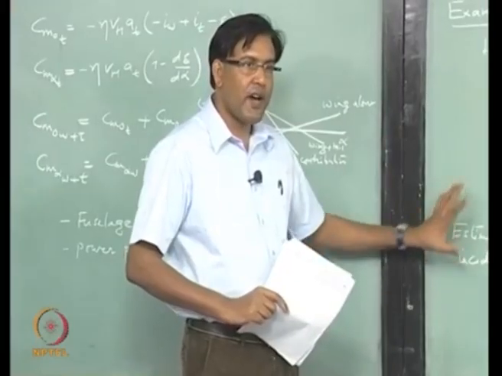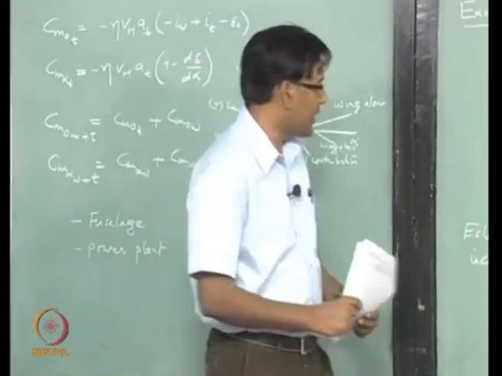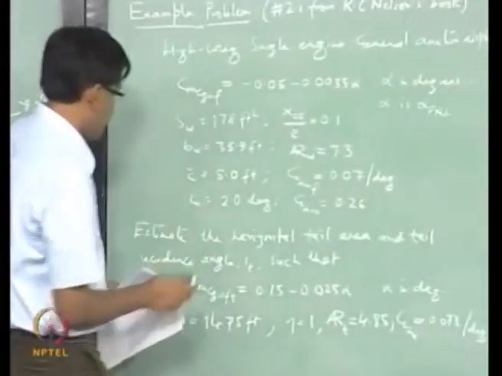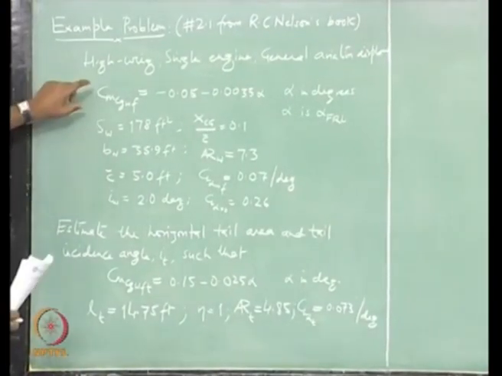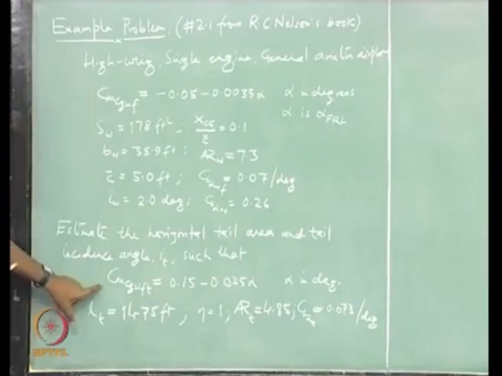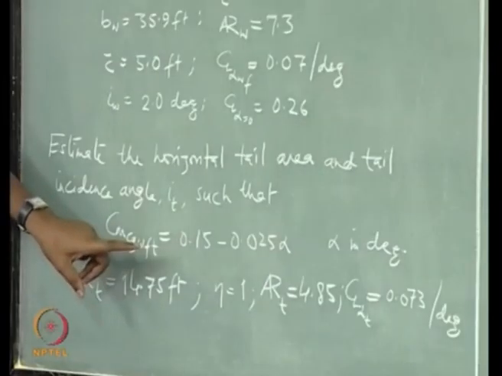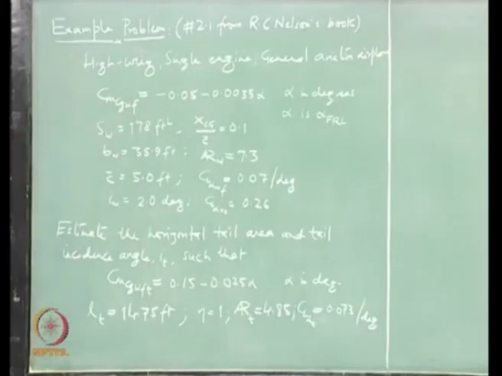All I need to do is find out what is the tail contribution, right, and that I can obtain by subtracting this from this, isn't it? This is for the wing fuselage tail combination, this is for the wing fuselage combination.